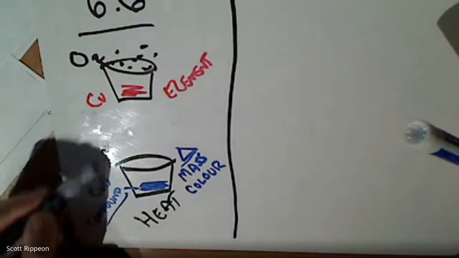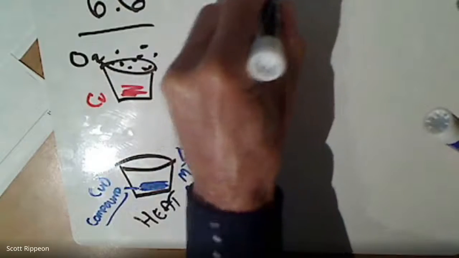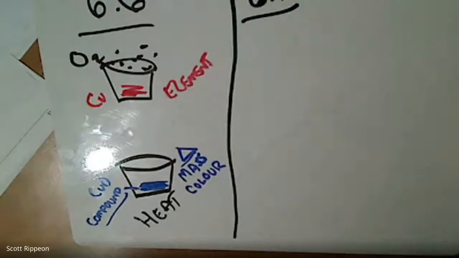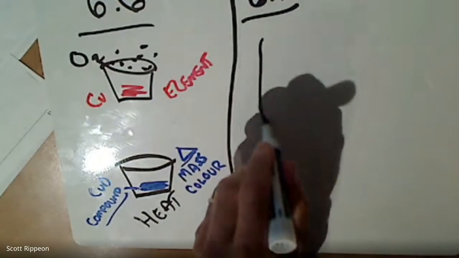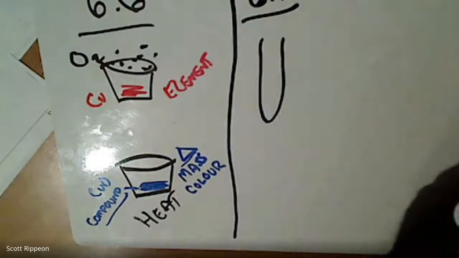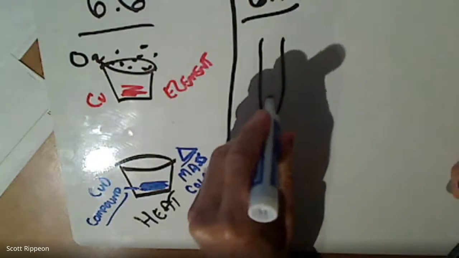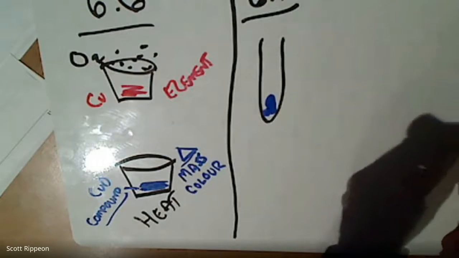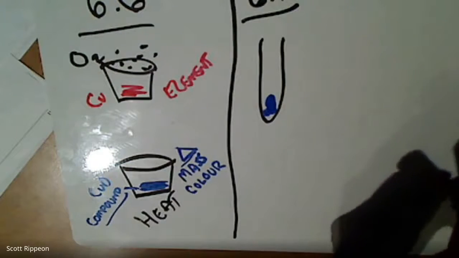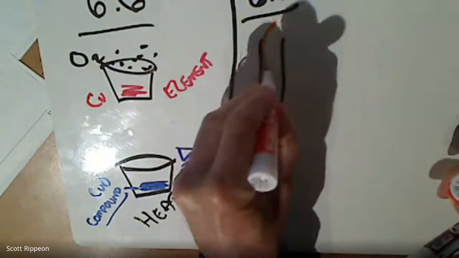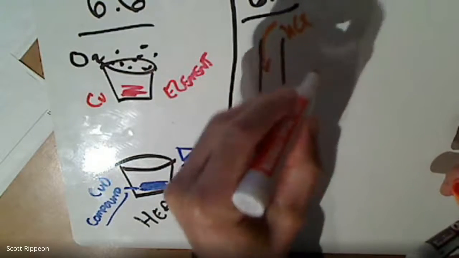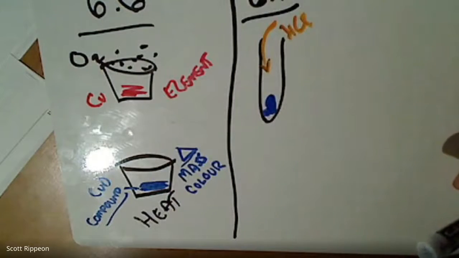So we did some chemistry over here. Now what we're going to do in 6.7 is we're going to not do any chemistry. We're just going to try to separate out a mixture. So we put the copper oxide stuff in a test tube, and what we did was we added a compound called hydrochloric acid. It's actually hydrochloric acid in water.